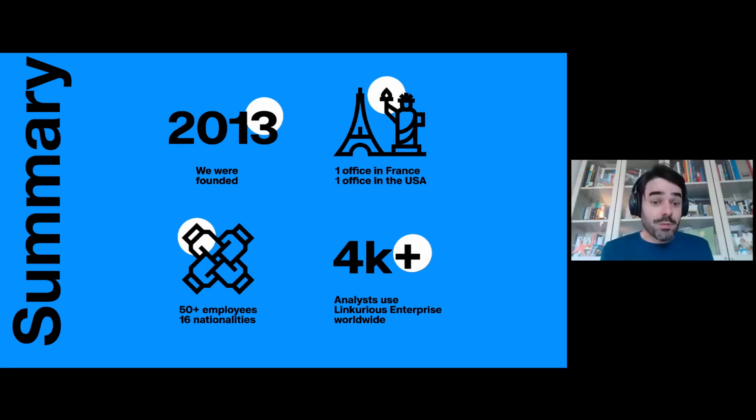First, a quick word about Linkurious. The company itself was founded in 2013. We have two offices, one in France and the other in the US. Today, we are a team of 50 plus employees, and we are serving more than 4,000 analysts who on a daily basis are using Linkurious Enterprise to conduct advanced investigations.